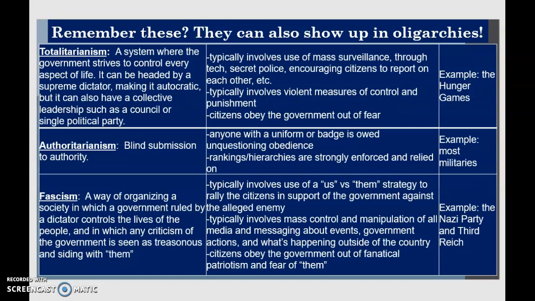These are terms from last week, and they can also show up as oligarchies, right? Fascism, authoritarianism, and totalitarianism.